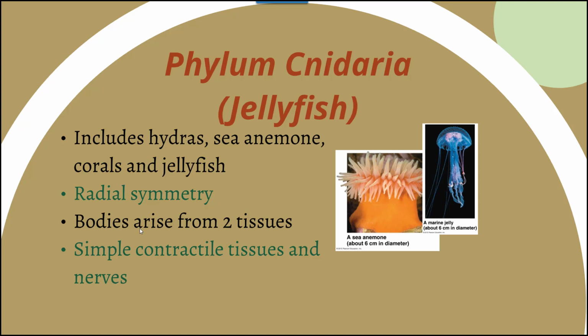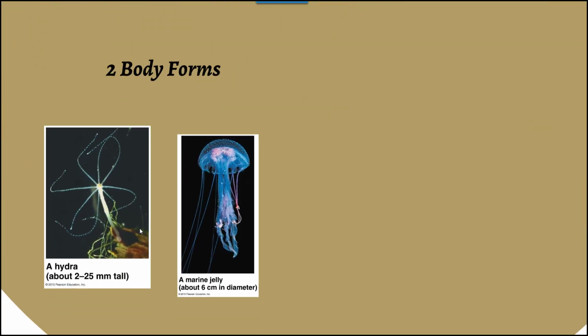They are, however, going to have these simple contractile tissues and nerves. So we see a little bit of a difference here because of the fact that they have these nerves now present and these contractile fibers that allow them to have a little bit more, not a lot, but a little bit more control in their interaction with the environment. Their body can come in one of 2 different forms.